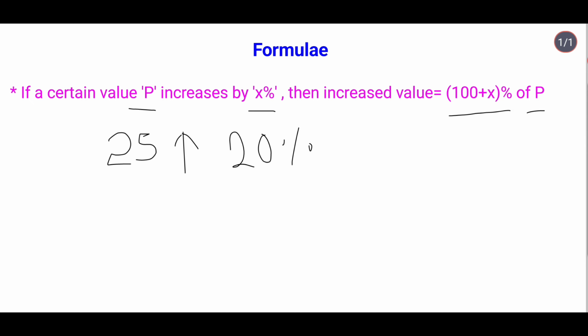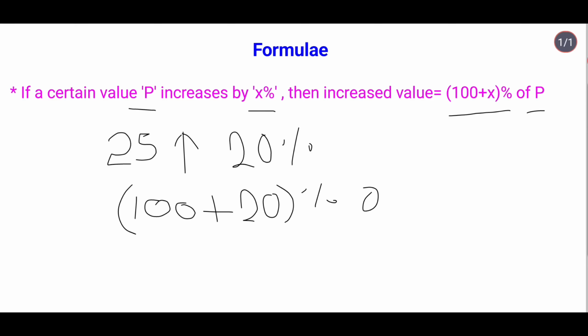Then what is the increased value? Just use this formula, 100 plus x. Here x is 20, so 100 plus 20 percent of p. Here p is 25. That is 120 percent of 25.